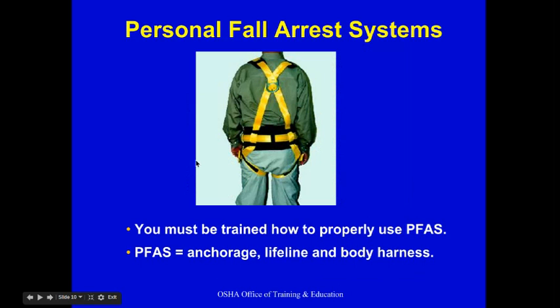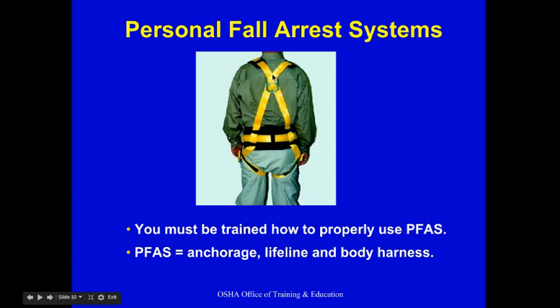Okay, and this is a harness that's been put on properly, adjusted and put on a worker. You can see that the harness goes around both legs. It has a waist belt, and then you've got two straps that go over your shoulders with a D-ring in the middle. And this D-ring, you really want to be between the shoulder blades on your back.